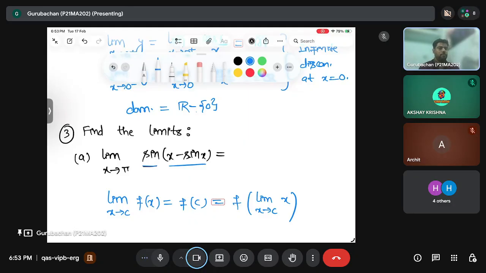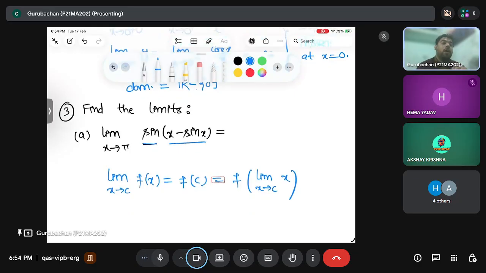Will it be the same? x is a continuous function on whole R. So the continuity of any function means that you are indirectly taking this limit inside of that function. That is why this is coming f of c. Yes. So this is the meaning of continuity.